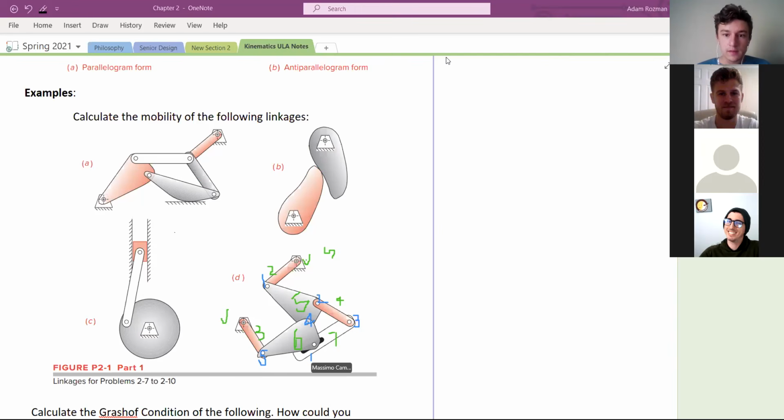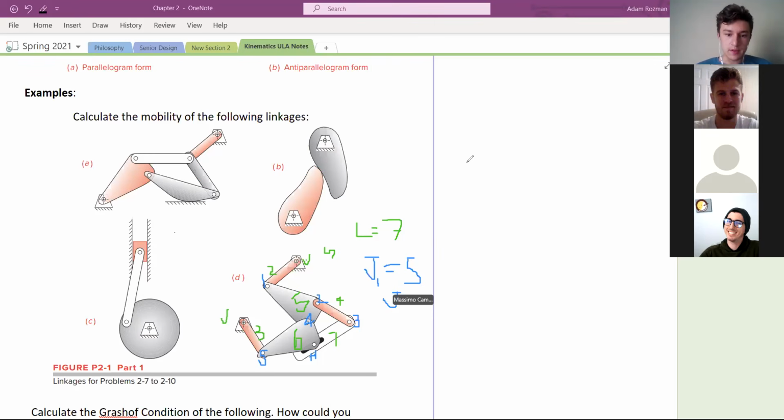If that's a half joint, I'll just write H there for half joint. And then J for joint. And this would be for full joints, right? So there are 5 full joints and then 1 half joint.